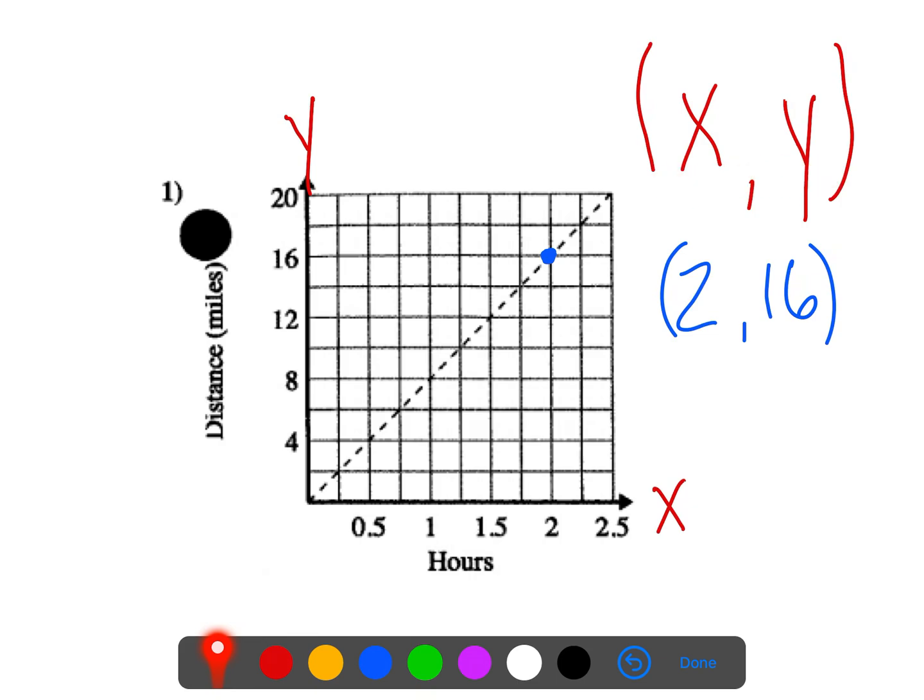All right. Don't forget that you can use any point along this line to answer your question. So this point here that I had, which was 2 on the x-axis, 16 on the y-axis, can tell me the unit rate. If we think of it in a table, we're used to seeing x and y values in a table like this, right? So I could get the unit rate by dividing 16 by 2.